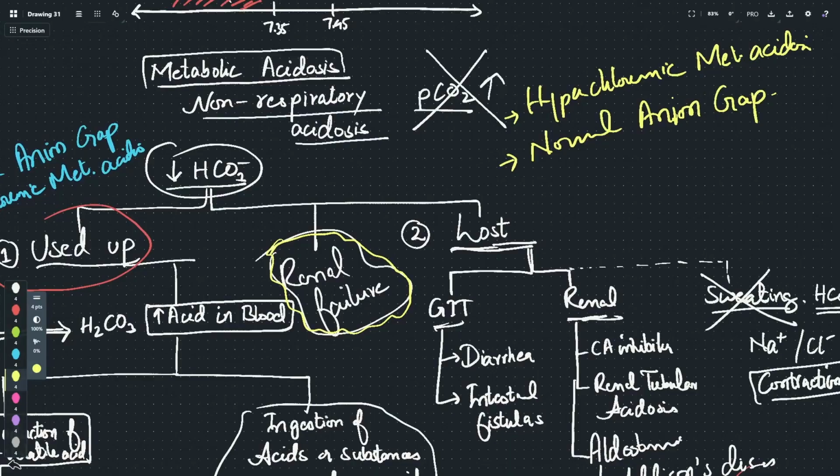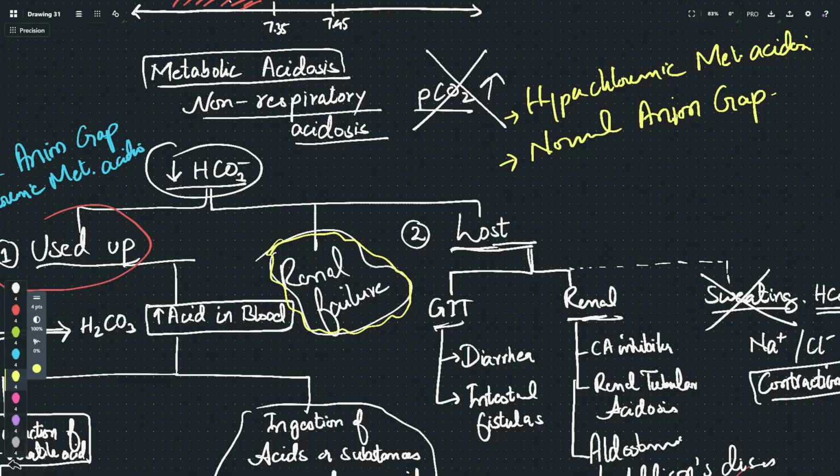Now please understand that in renal failure, of course, the problem is with the kidney: they cannot significantly reabsorb bicarbonate, and they cannot significantly secrete or excrete the acid. But along with that, GFR, glomerular filtration rate, is also low, and several different problems are there.